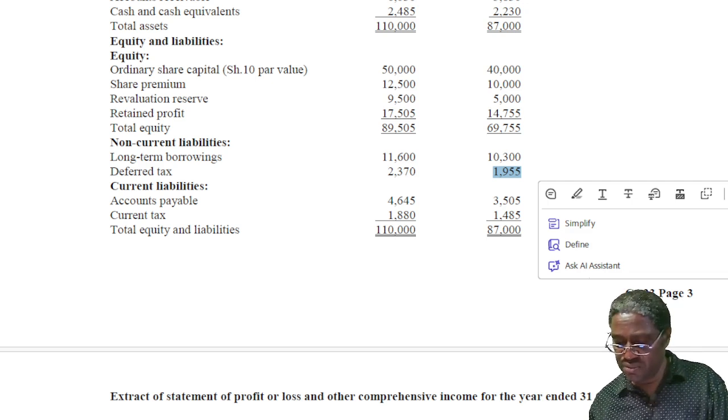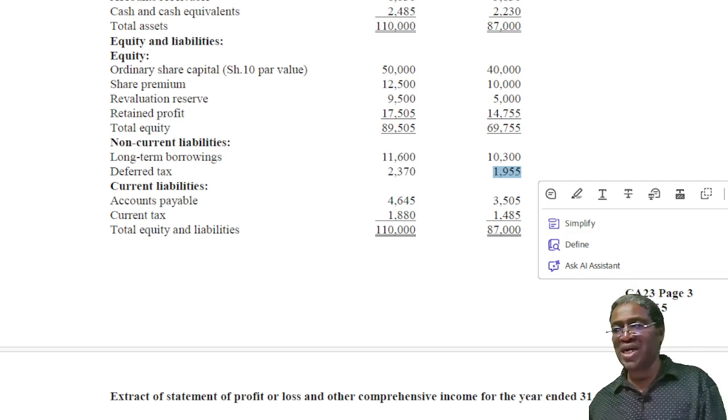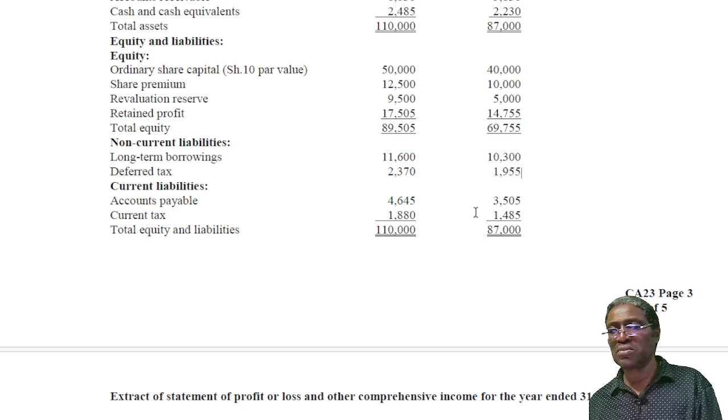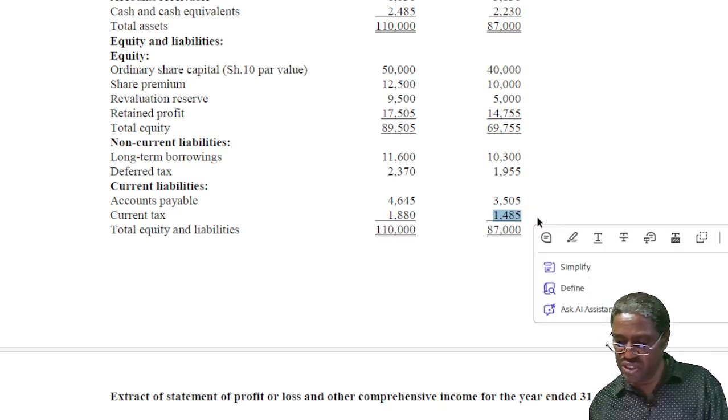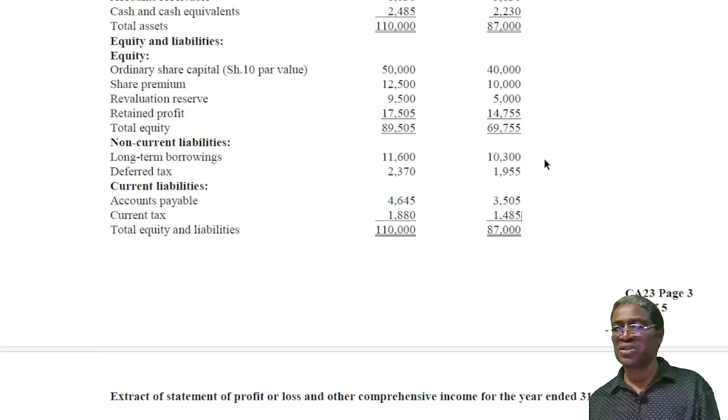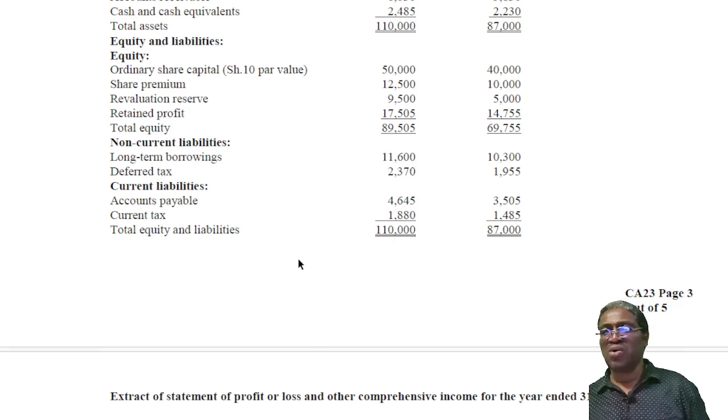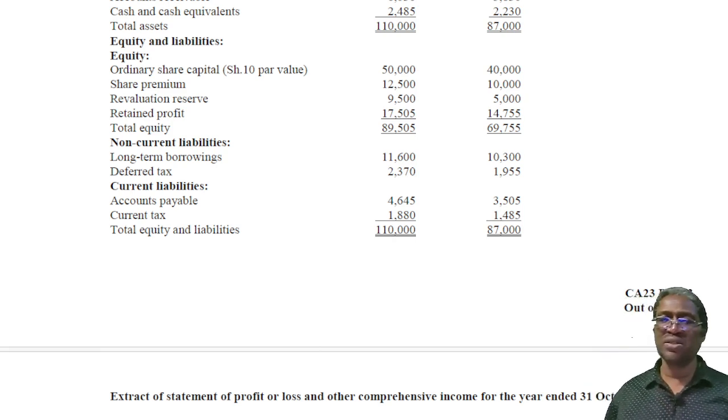Bring it down. While the current tax down there is 1485. The current tax, bring it down also, 1485. Good.